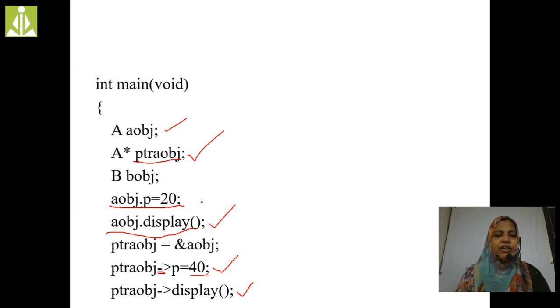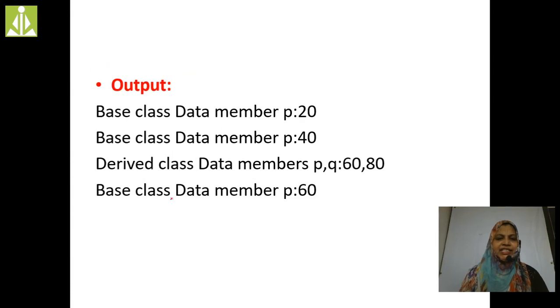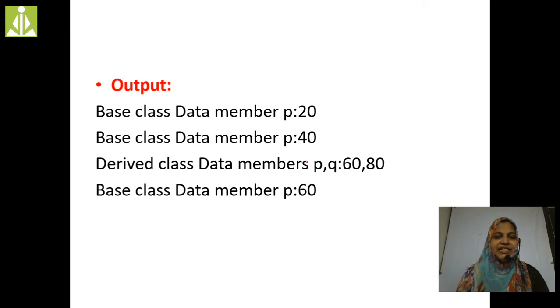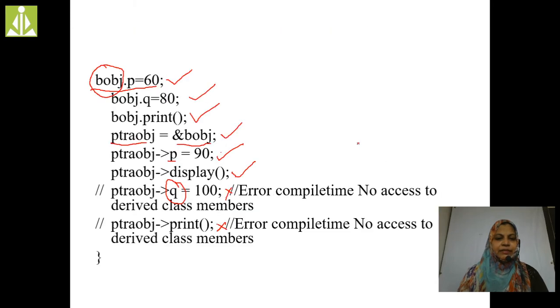See here, what is the output of my program? First it is going to print the p value. What is the p value? 20. Base class data member p is 20. Now what is the next one? ptra->p equals 40, ptra->display. Now the value of p is 40, base class data member p is 40, right? Now what is the next statement?